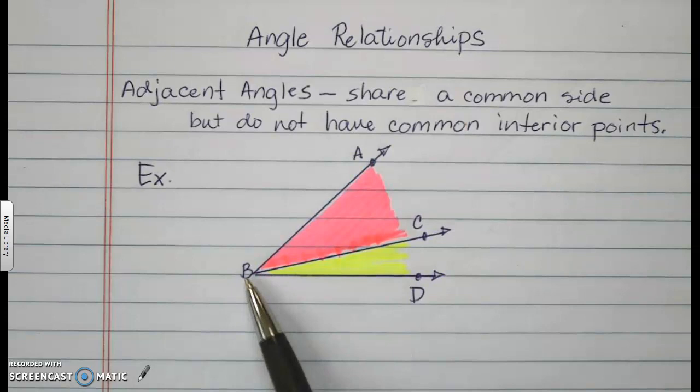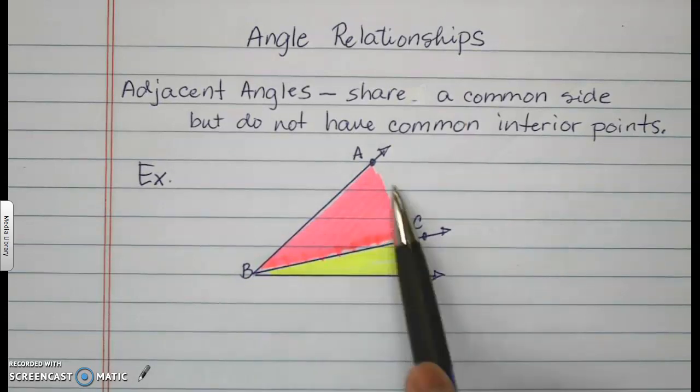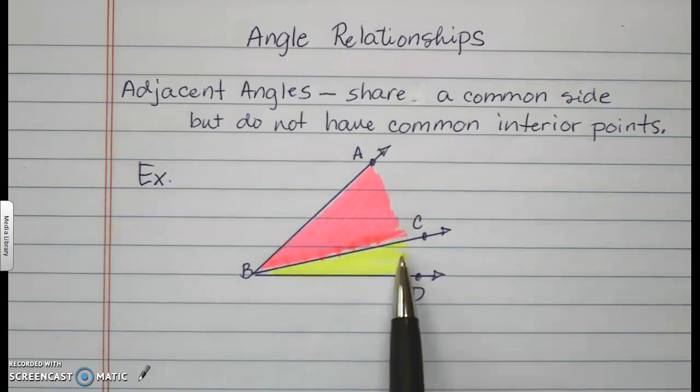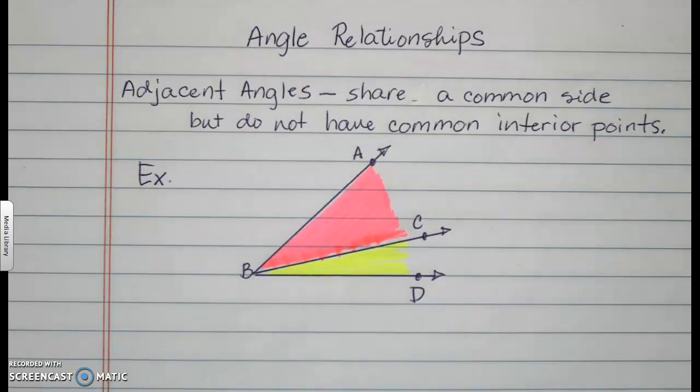Not only do they share a common side BC, they don't have common interior points. So this pink interior is not combining with this yellow one. So when that happens, angle ABC and CBD are called adjacent angles.